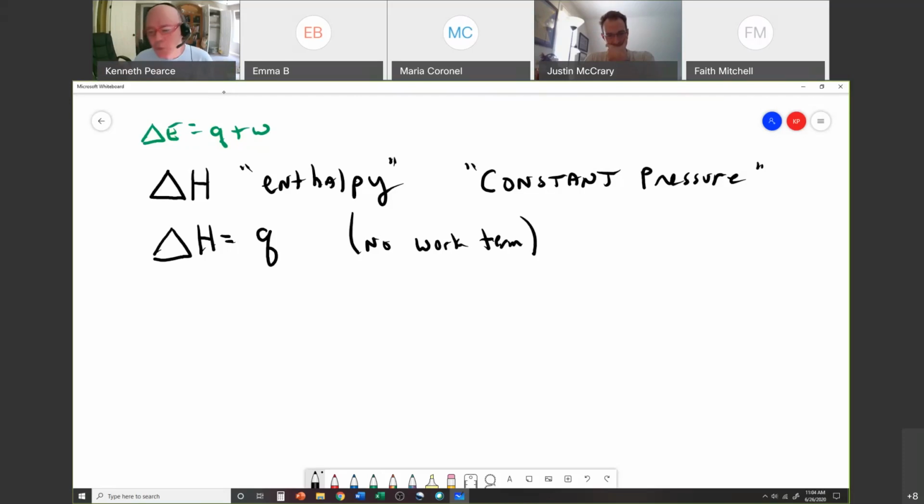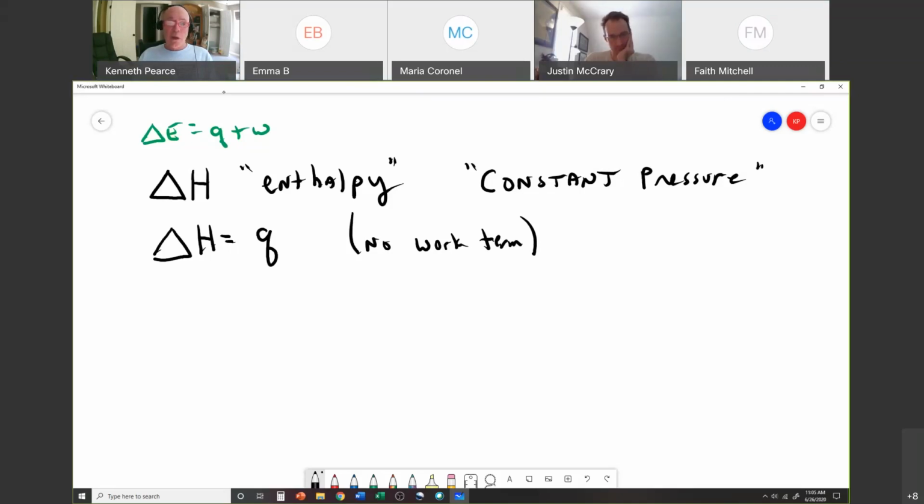Look, when you're doing a reaction in a laboratory and it's open to the air, guess what? It's a constant pressure reaction. When you take two solutions and you just mix them together and you see what happens, it's a constant pressure reaction, which means there's no work term. It means that it's very easy to calculate because all you need is a thermometer and you can see the temperature change.